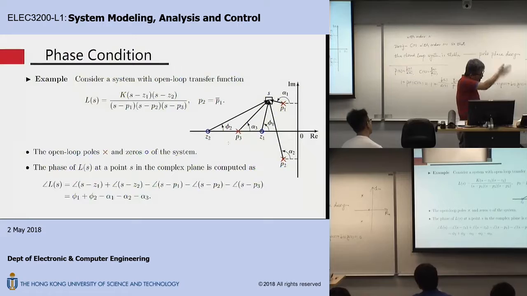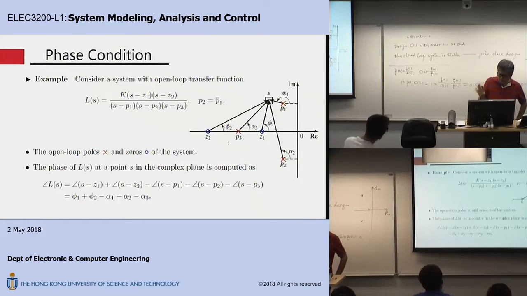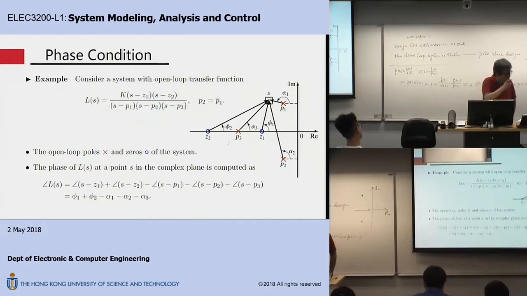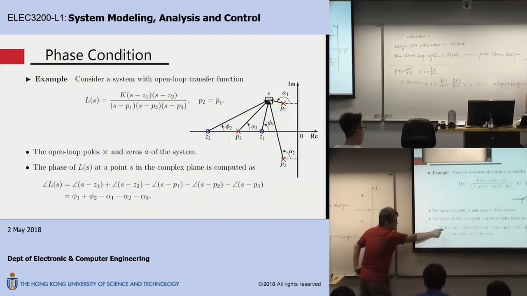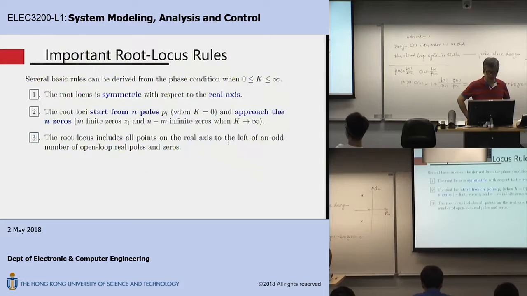So the concept behind this is like this. We need to find a better or easier way to get the set of all S so that this is an odd number times 180 degrees. Okay, here comes the easy method.